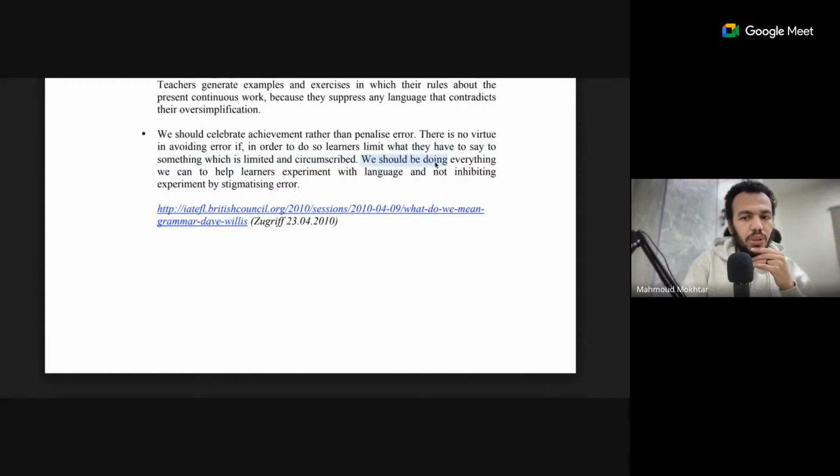We should be doing everything we can to help learners experiment with language and not inhibiting experiment by stigmatizing error.